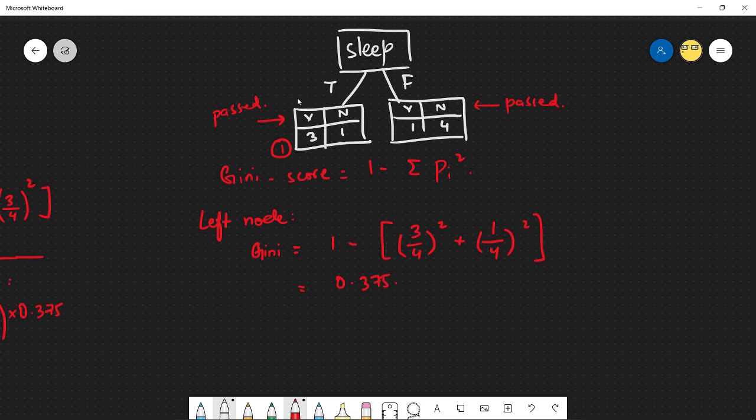So I'm going to put here Gini equals 0.375.